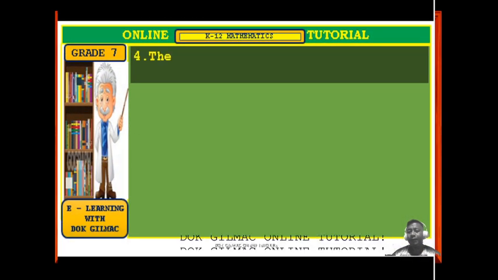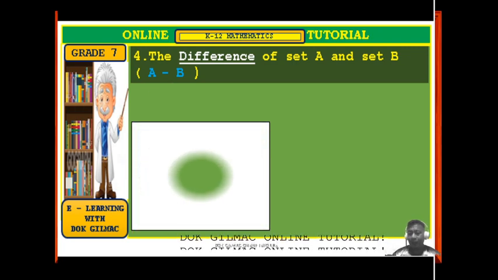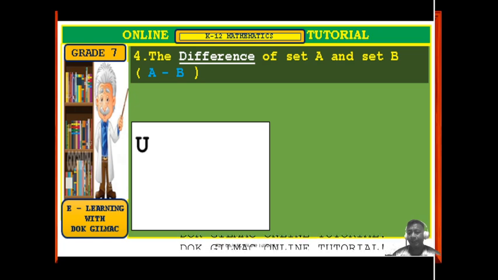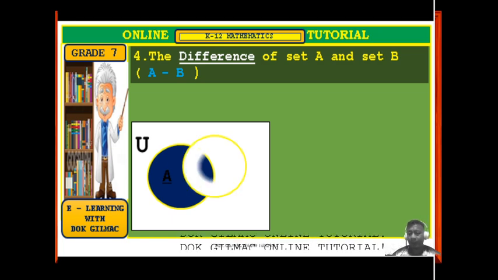Now let's have the fourth basic operation on sets. The difference of set A and set B, denoted by this symbol, A minus B. Consider the Venn diagram again. For the universal set, represented by a rectangle, and set A represented by a circle, and also set B is represented by a circle.